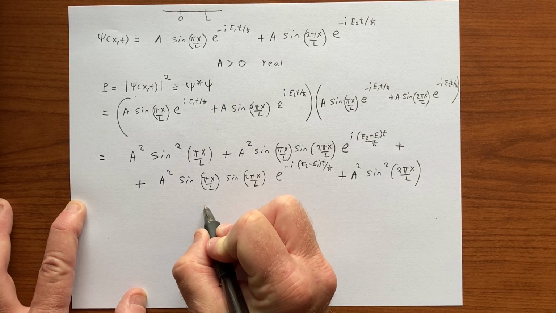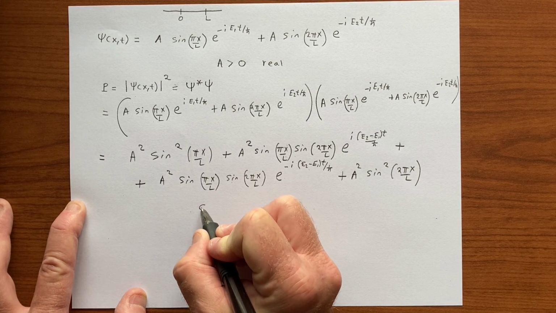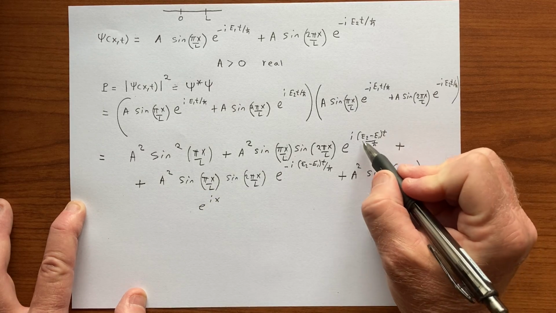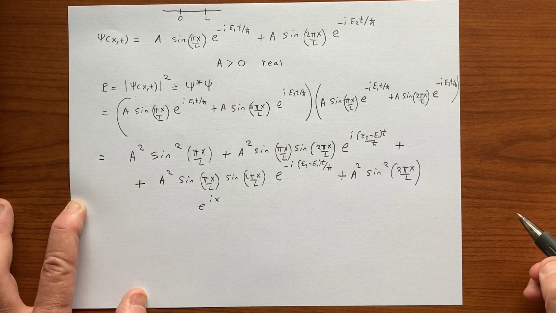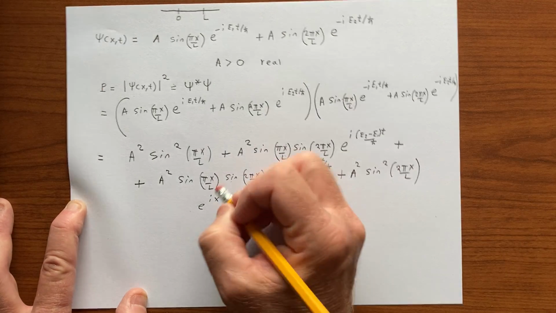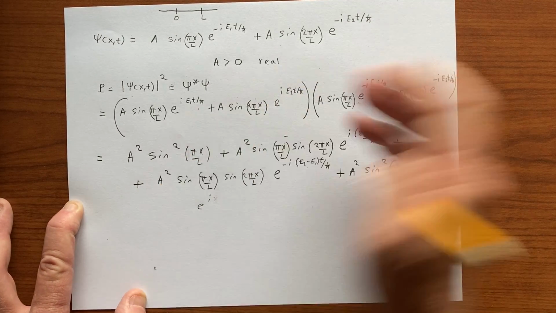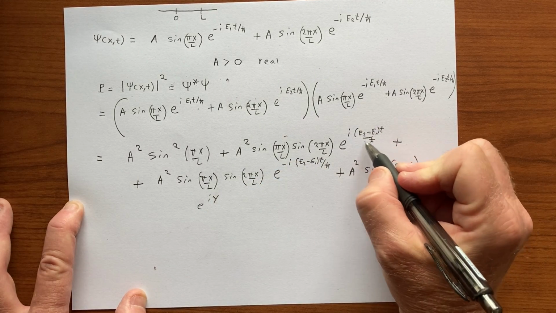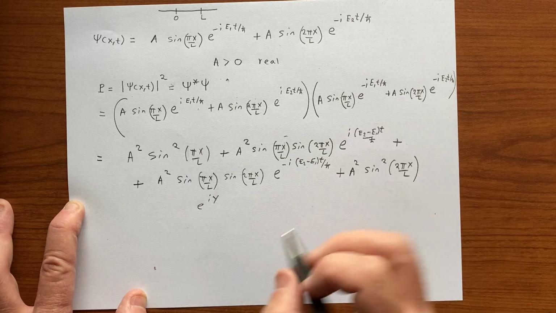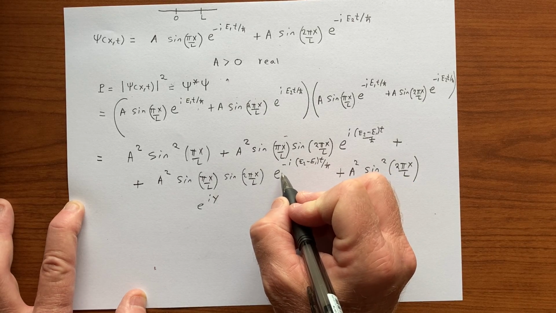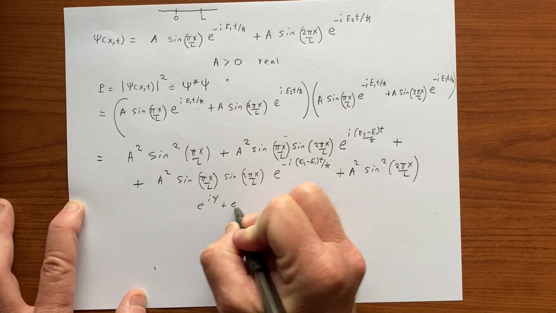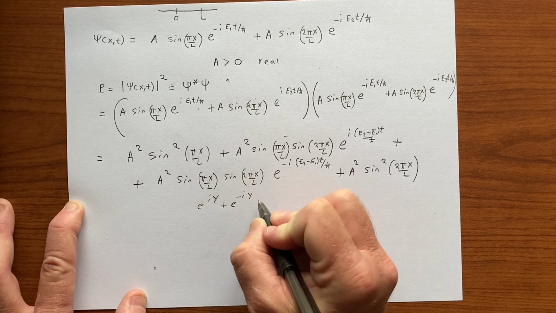But notice that this is like e to the i x, where x is this whole thing. I don't want to use the variable x, but let's just use a different variable. e to the i y, where y represents this whole term here without the i, and this represents e to the minus i y, so this is plus e to the minus i y.